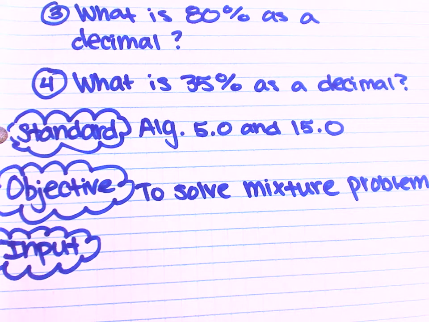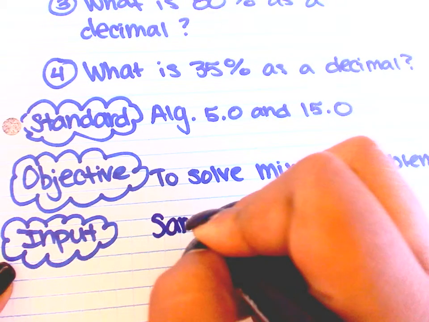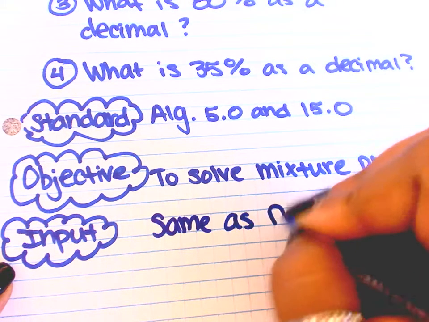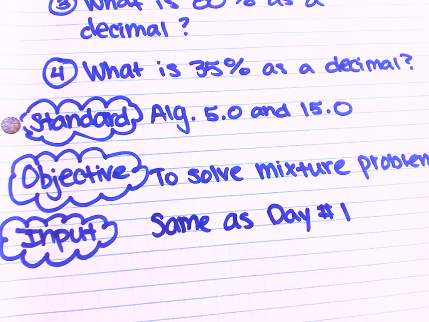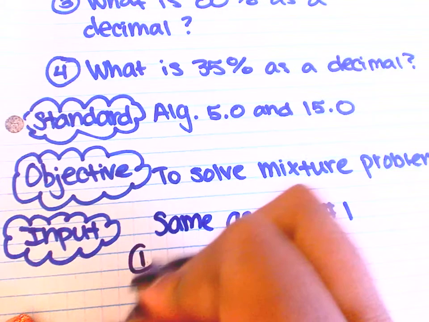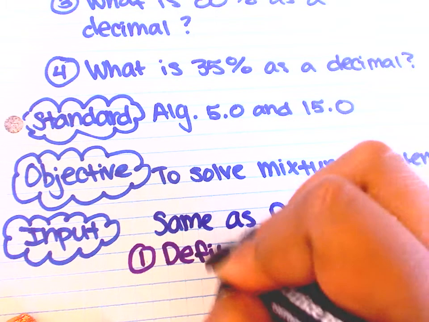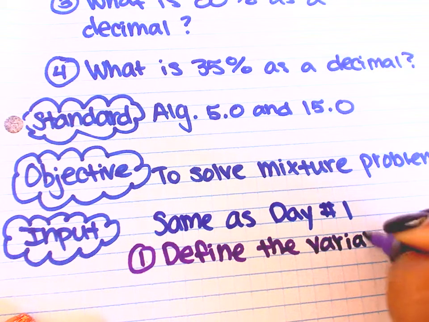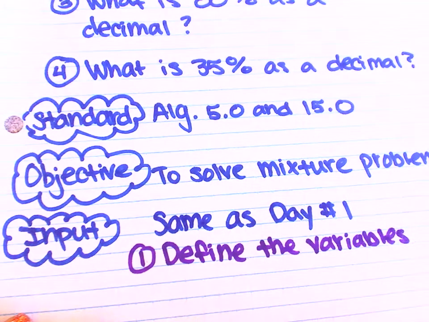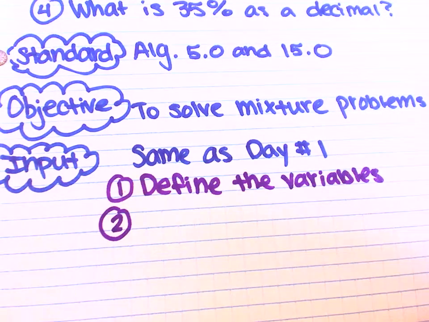So your input today, go ahead and write same as day number 1. It's the same as yesterday. What does that mean? That means you're going to, number 1, define the variables. Same as yesterday. That means you're going to, number 2, make a chart.